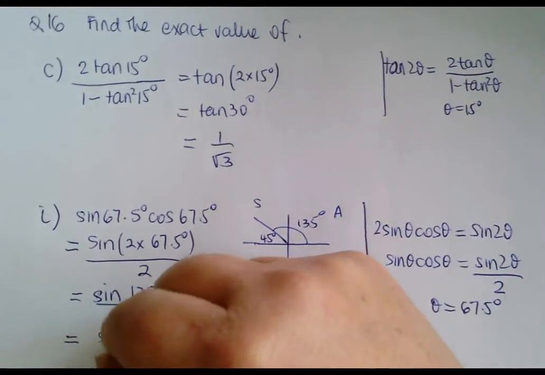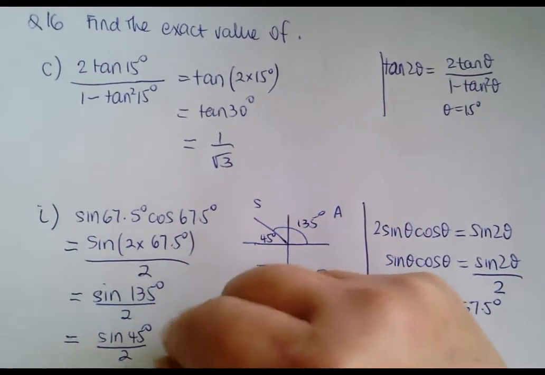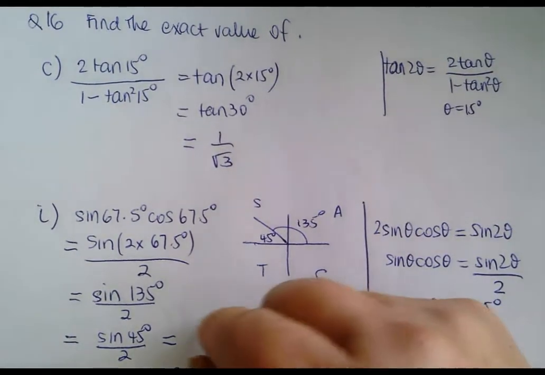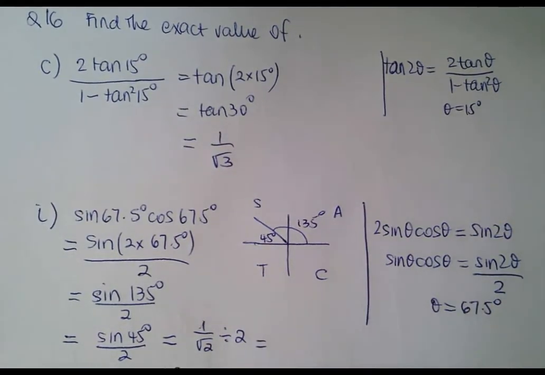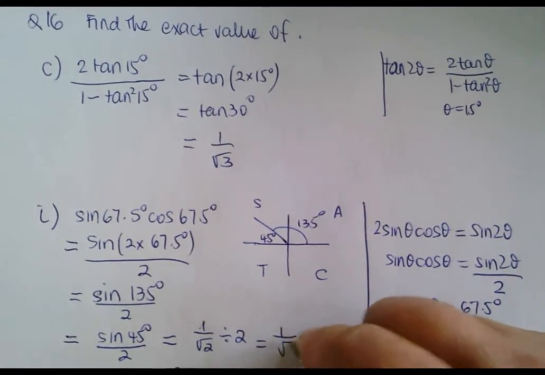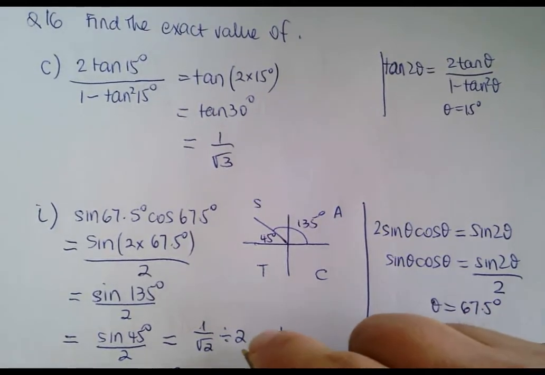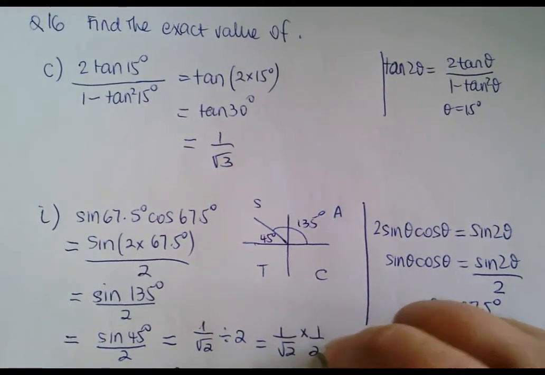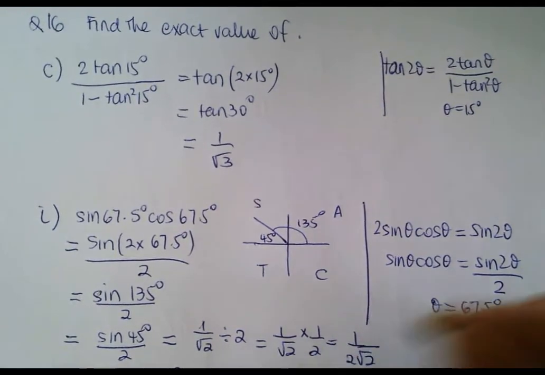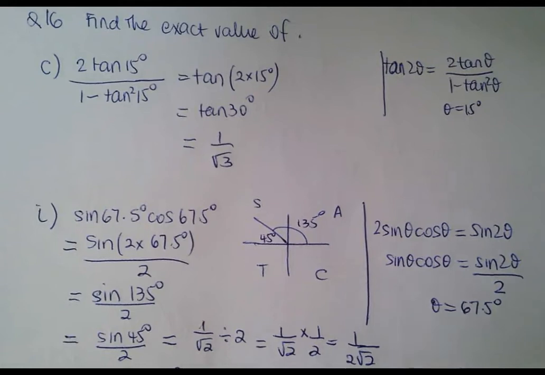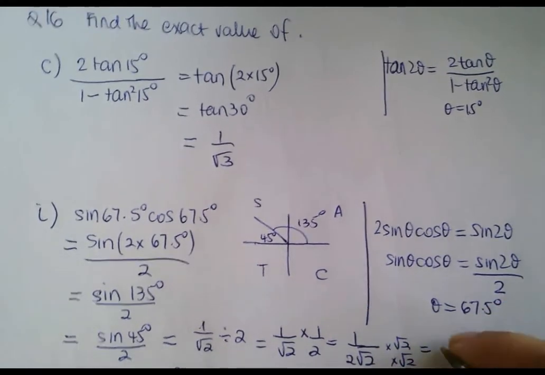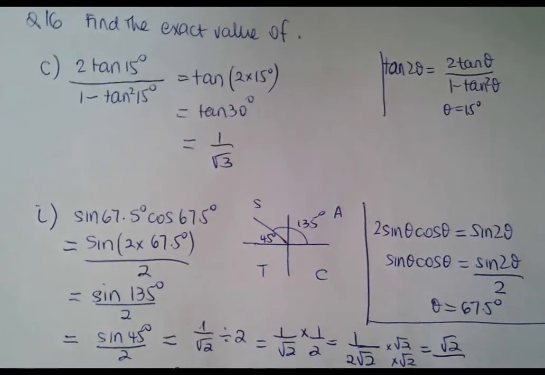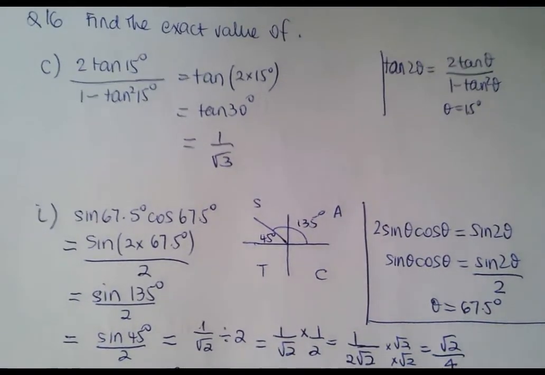Great. So it's just really the same as sine of 45 degrees over 2, which is 1 over root 2 divided by 2, which is 1 over 2 root 2, which you can rationalize by multiplying by root 2 over root 2, which is root 2 over 4, rationalized.